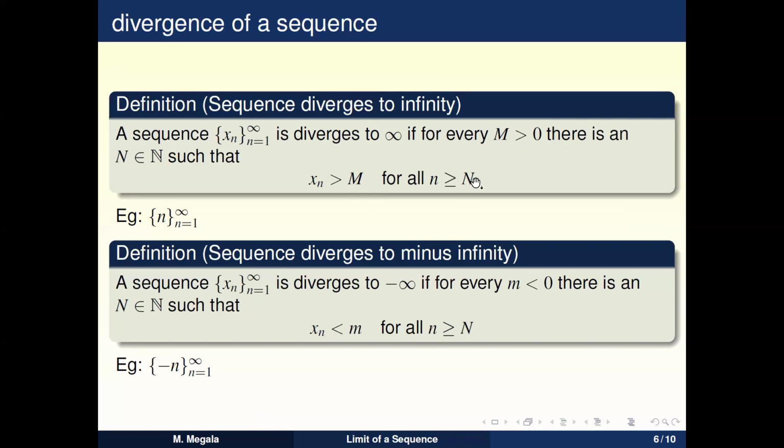It says that however big an m you choose, my x_n's are still bigger than that m, except for finitely many x_n's. So these x_n's are converging to infinity, meaning they are very close to infinity, because however big a real number we take, these x_n's are still bigger than that.